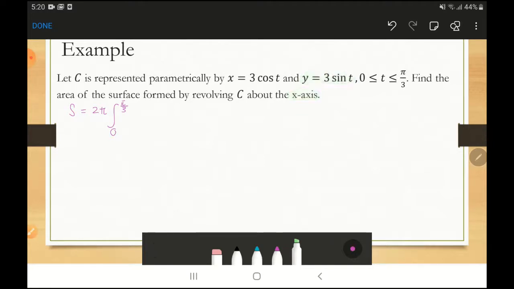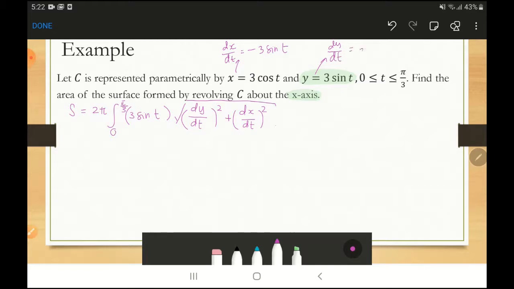So we have 3 sin t times the square root of dy/dt squared plus dx/dt squared. Let's first find dx/dt: the derivative of 3 cos t is negative 3 sin t, and dy/dt is 3 cos t, right? So now let's plug in.